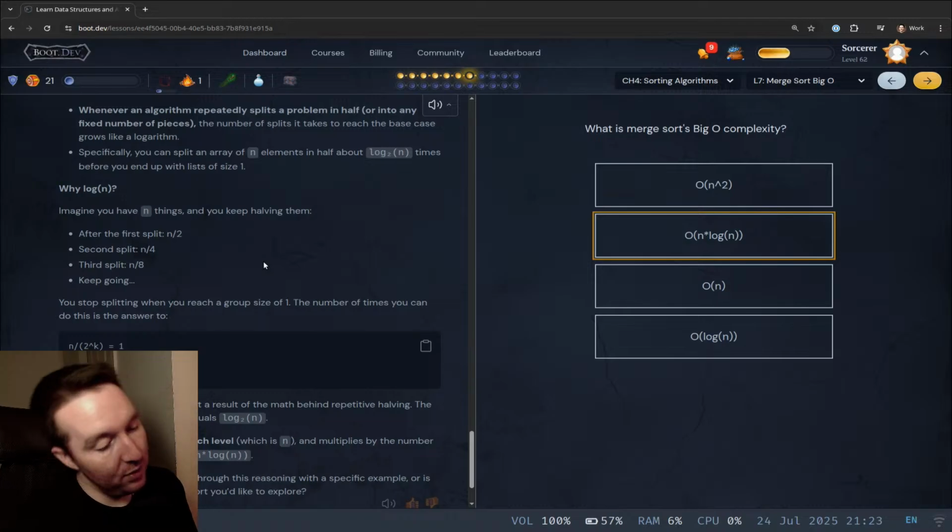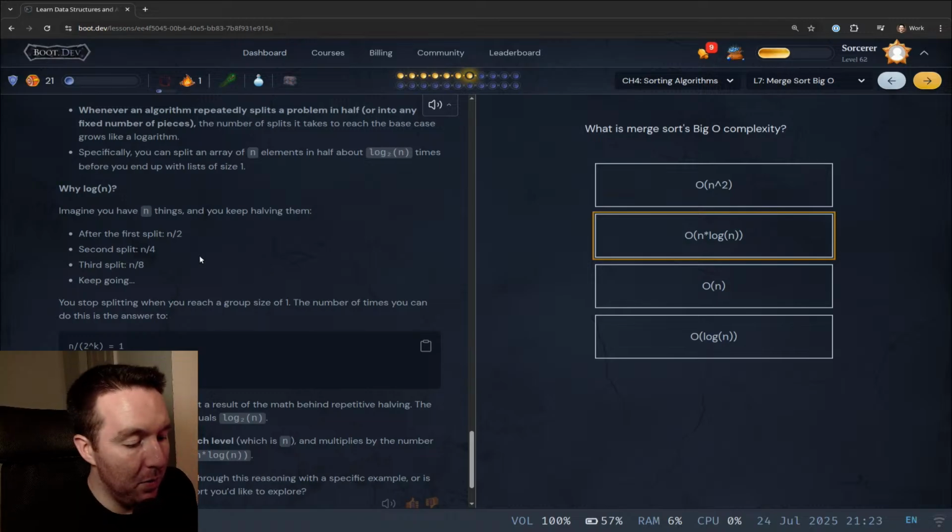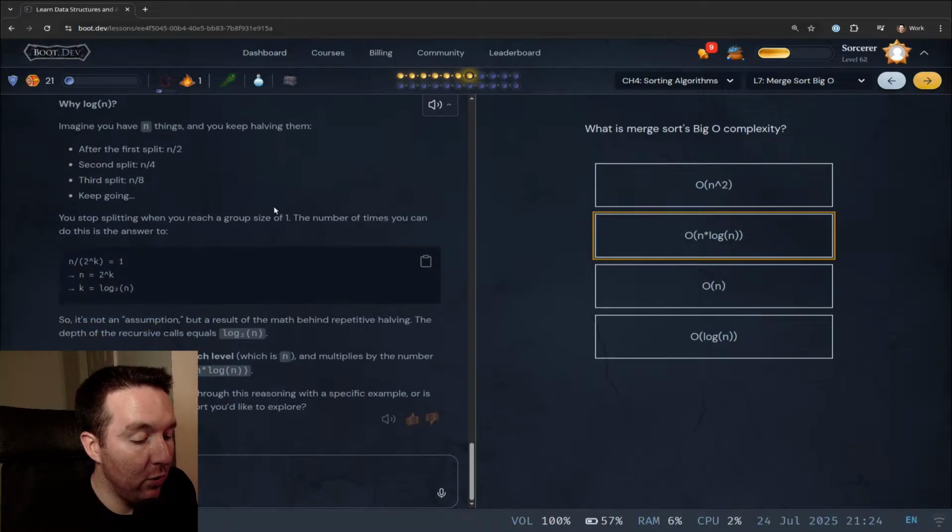Imagine you have n things and you keep halving them. So after the first split, n divided by 2, second split, n divided by 4, third split, n divided by 8, keep going. You stop splitting when you reach a group size of 1. The number of times you can do this is the answer to n divided by 2 to the power of k equals 1. So n is 2 to the power of k. K is, that's not an assumption, it's a result of math behind repetitive halving.